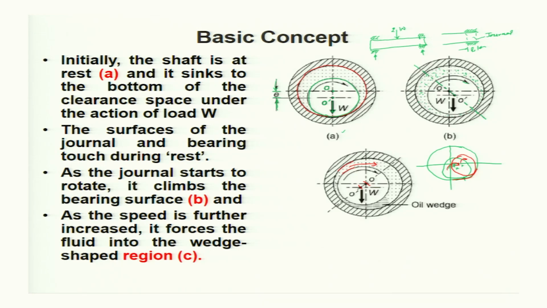In the first part, shown by this yellow color, the movement of fluid in the clearance space is similar to the movement of the journal. Here the fluid is moving from a smaller cross section to a bigger cross section, the converging diverging zone.